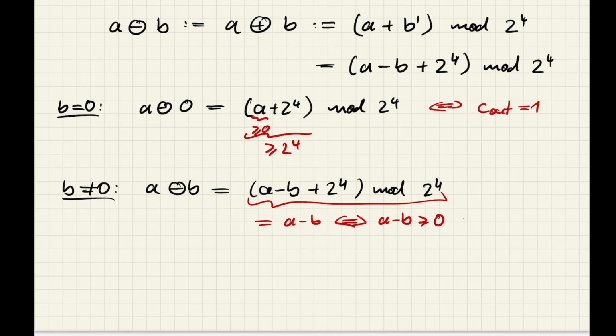And that's the case if and only if A plus B plus 2 exponent 4 is greater or equal to 2 exponent 4. So that means we compute actually A minus B if and only if the cout flag is set.